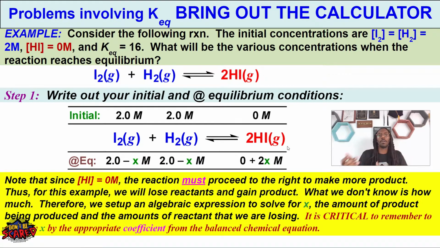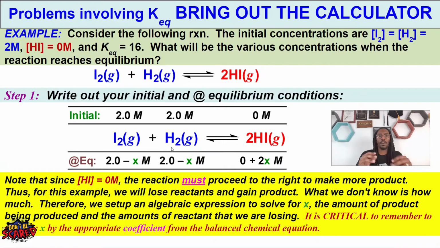So if we're going right to reach equilibrium, that means that we're losing our reactants and forming our products, right? Our reactants are being consumed to make our products. So, if we're losing our reactants, it will be minus X, minus X. That's all we can do. We're losing reactants. And then for our products, we're making products, so it's going to be a positive X.